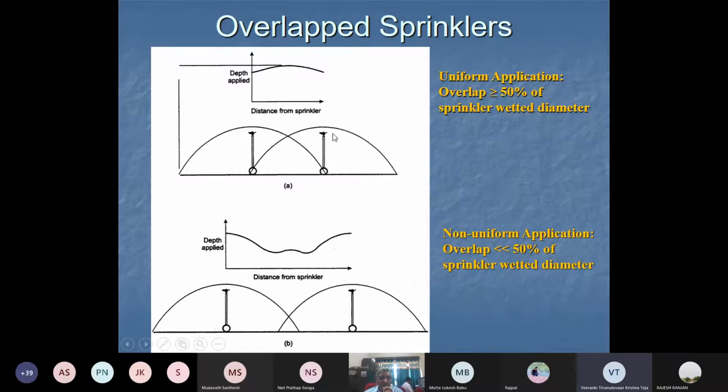This overlap of the two sprinklers is important. For uniform application, we give an overlap of about 50% to 60% in order to have a uniform depth of water application. If you do not have enough overlap, the depth of water applied over the ground surface will not be uniform.